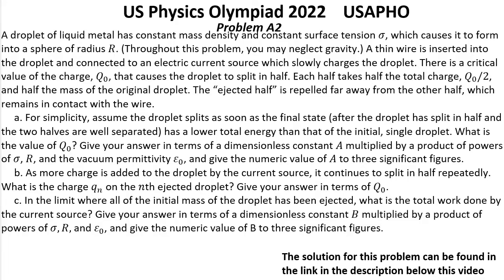What is the value of Q0? Give your answer in terms of a dimensionless constant A multiplied by a product of powers of sigma, r and the vacuum permittivity epsilon 0, and give the numeric value of A to three significant figures.